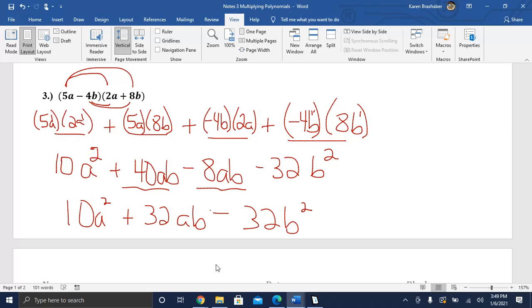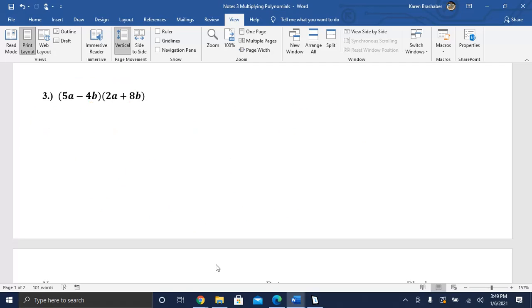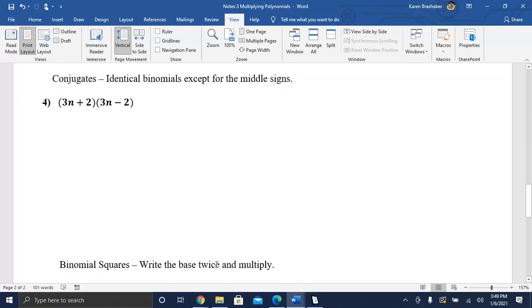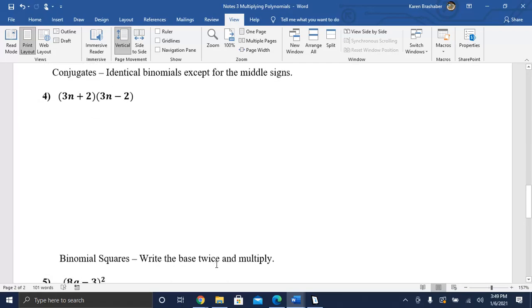And I don't have any other like terms, so that would be my final answer. Now we have 3 problems to go on the back side, and those have some special products, as well as multiplying when we have a binomial and a trinomial.